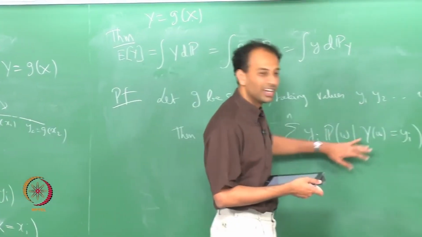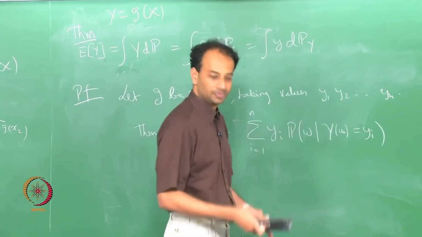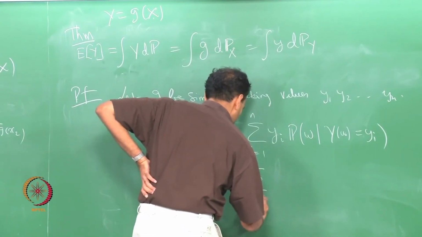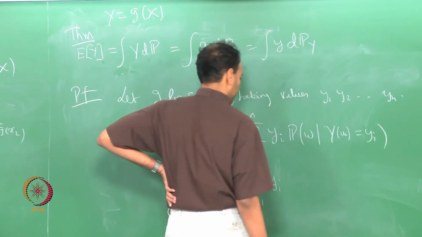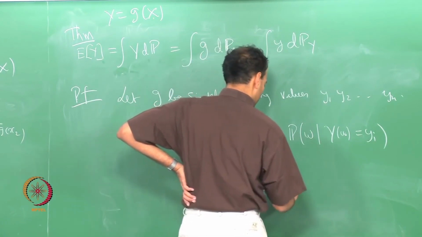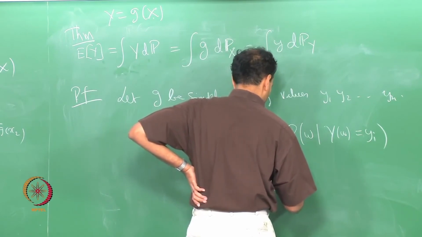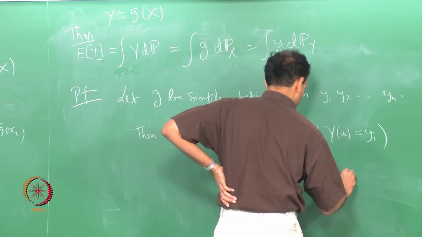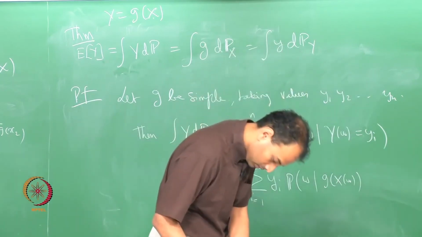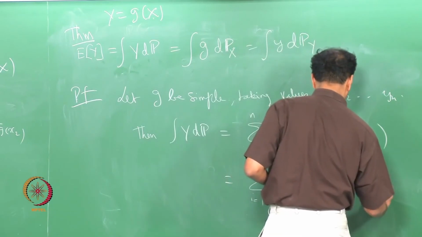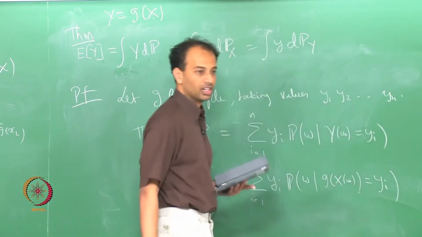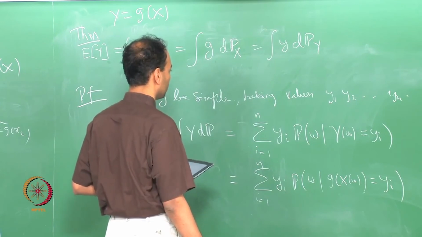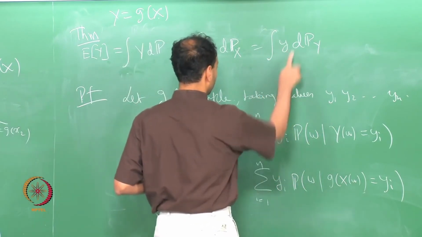This is my big A_i, if you like. I can write this as the sum over i equals 1 through n of little y_i times the probability of omega for which g of x of omega equals little y_i, since y of omega is nothing but g of x of omega. So, I have just written out that.